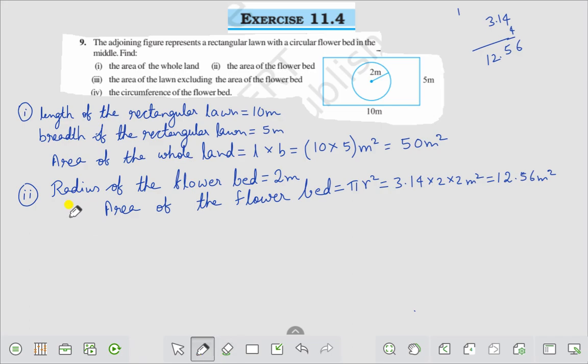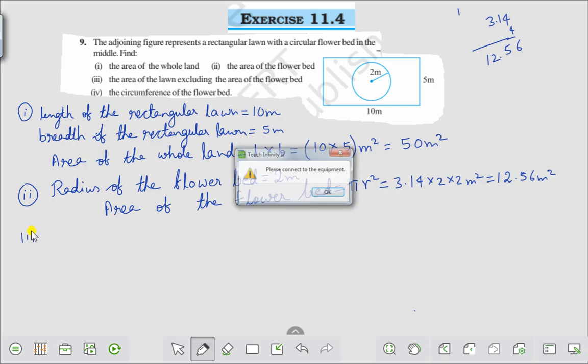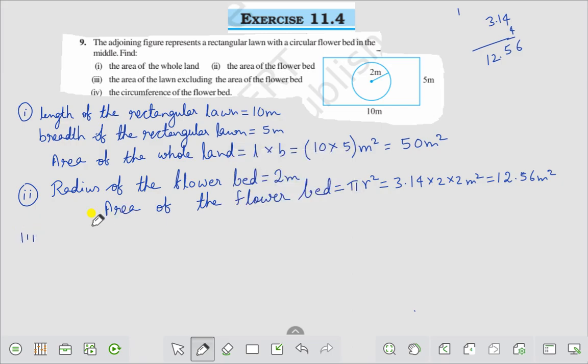Now question number 3, area of the lawn excluding the area of the flower bed, right?